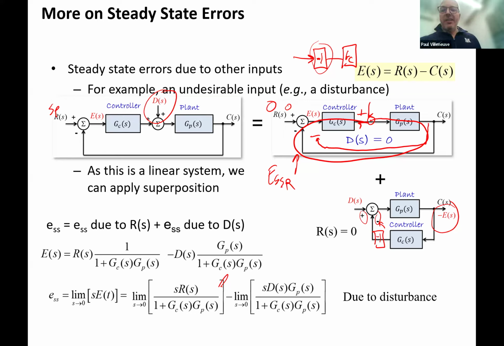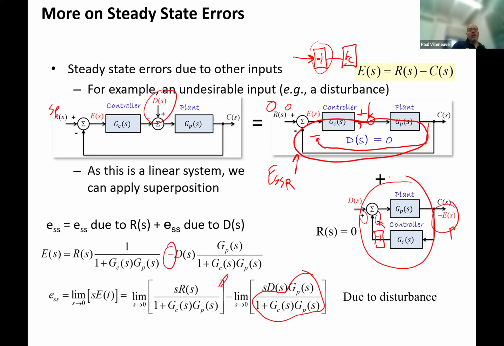No, but this right here is the negative E of S. That comes back as a negative number. That's where this negative comes back right there, because this is negative E of S. The reason why this is in this form here is because this is the standard feedback path, G over 1 plus GH. That's negative feedback.